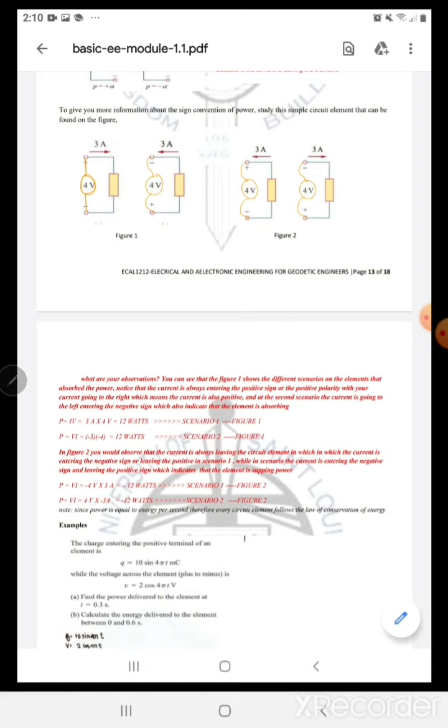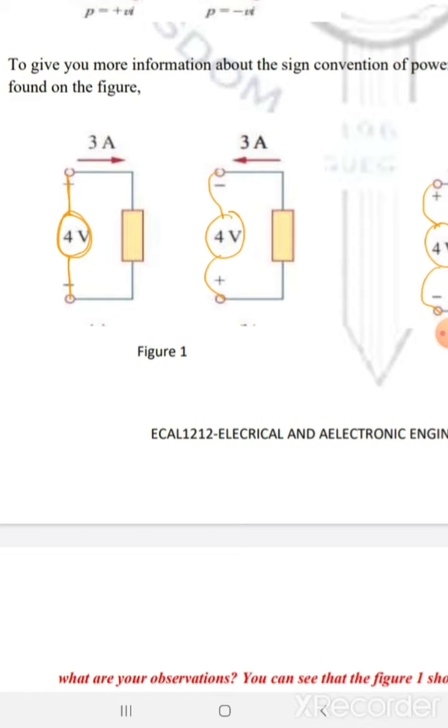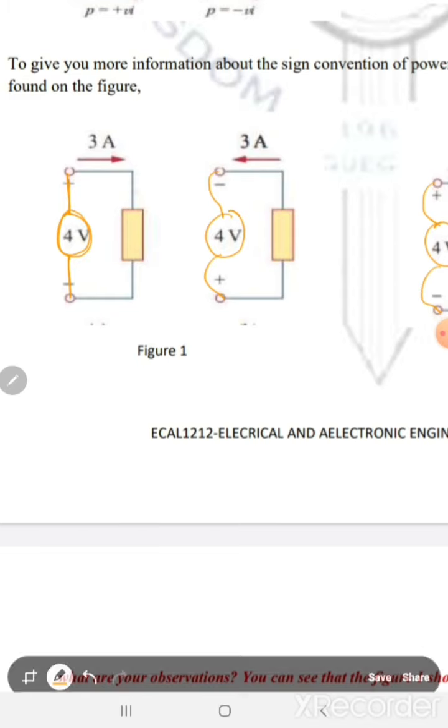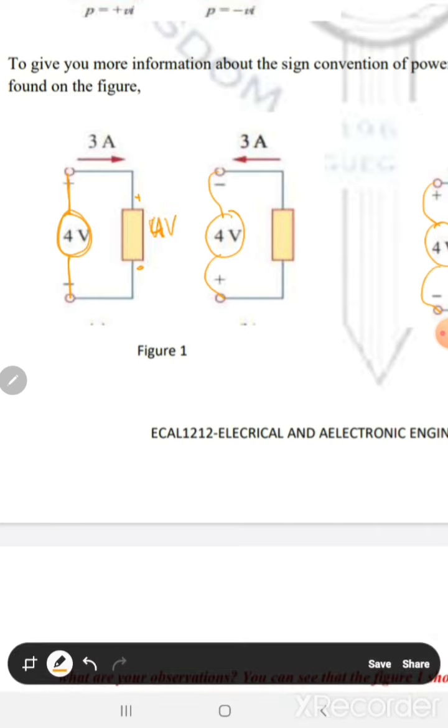So, how will you solve this one? This will give you an observation that your positive 4, since it is in parallel with this terminal, I may say that this is also positive negative V, 4 volts. This is a property of parallel elements.